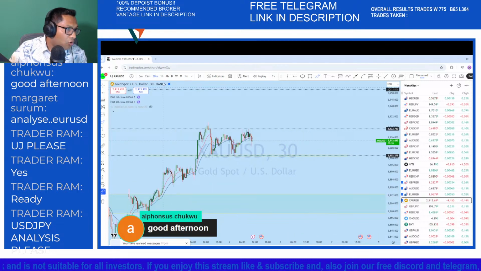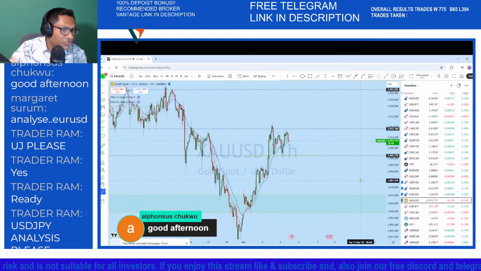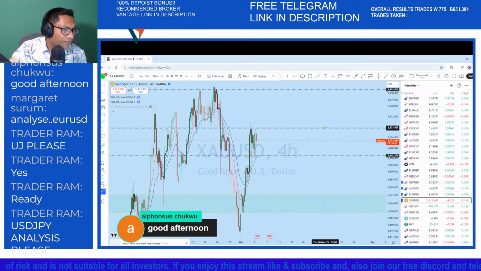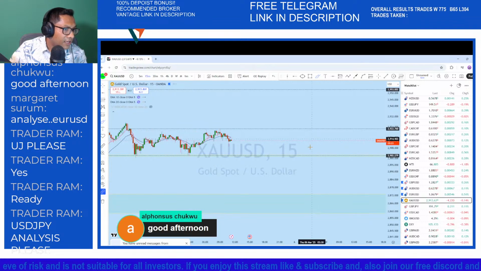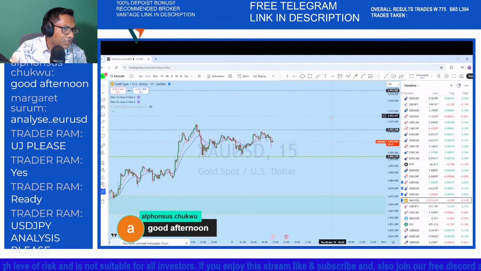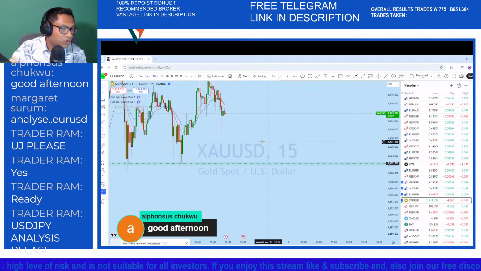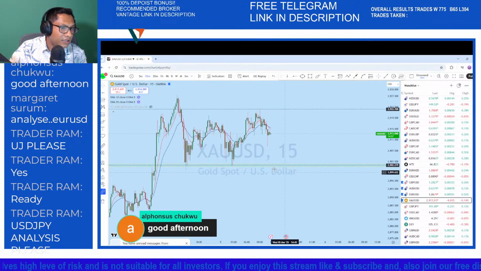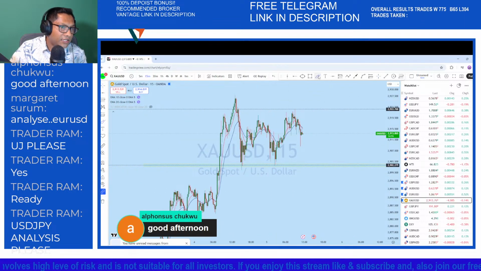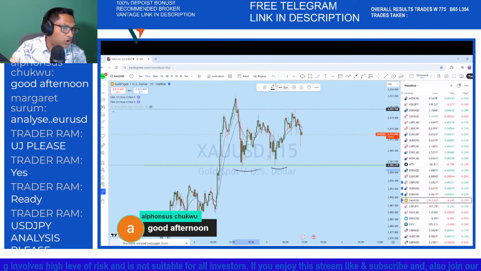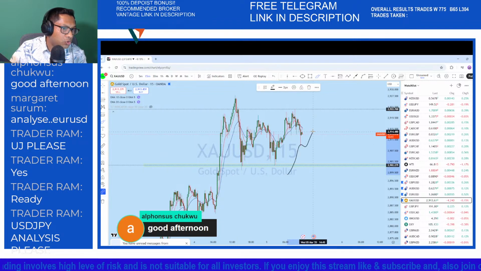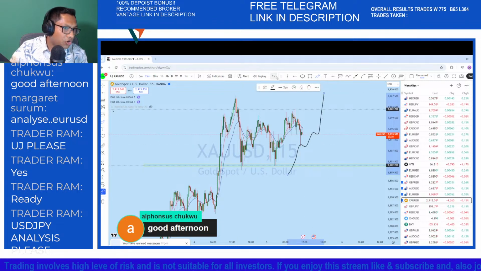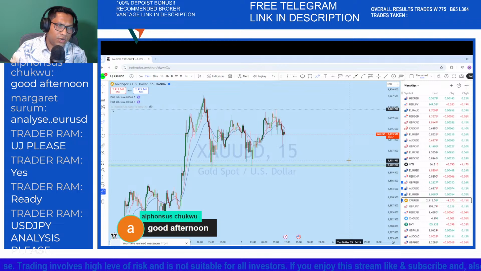If we look at the 1 hour chart and the lower time frames, the 4 hour, and the 15 minutes as well, we can see the market forming a series of higher lows and a double bottom, expecting it to potentially trend in that direction to create a new higher high.